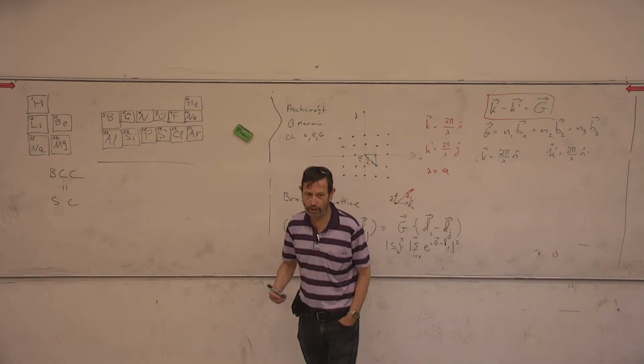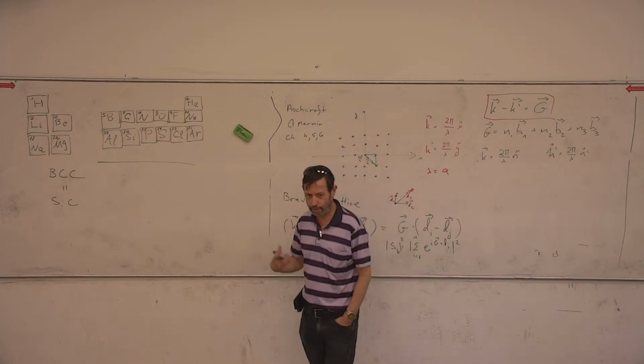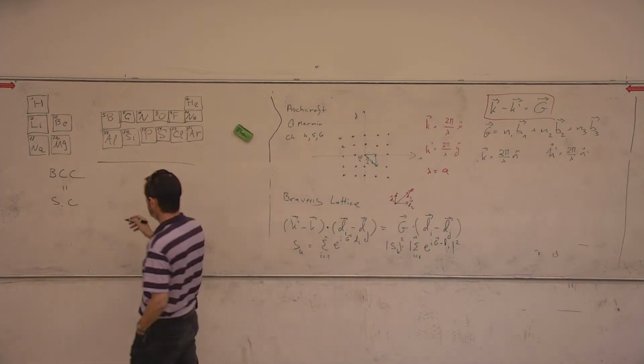Okay, so how do I change a simple cubic into a BCC?